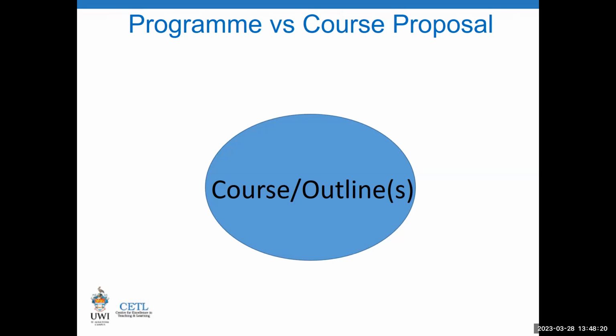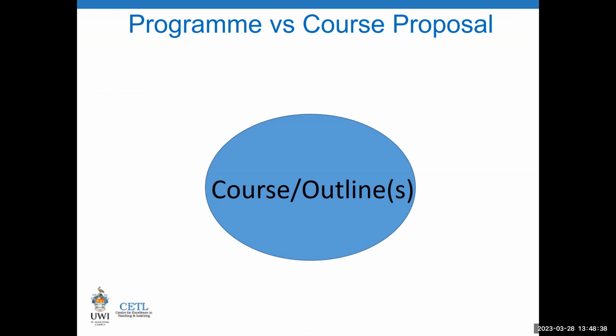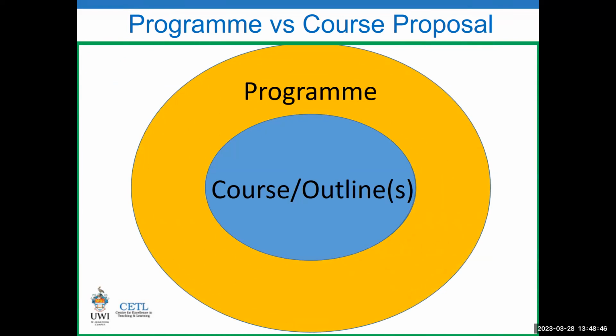The course, however, is one outline, one proposal, and focuses just on a course, whereas the program focuses on a series of connected courses. Nevertheless, the process is the same, whether it's for a program or a course.